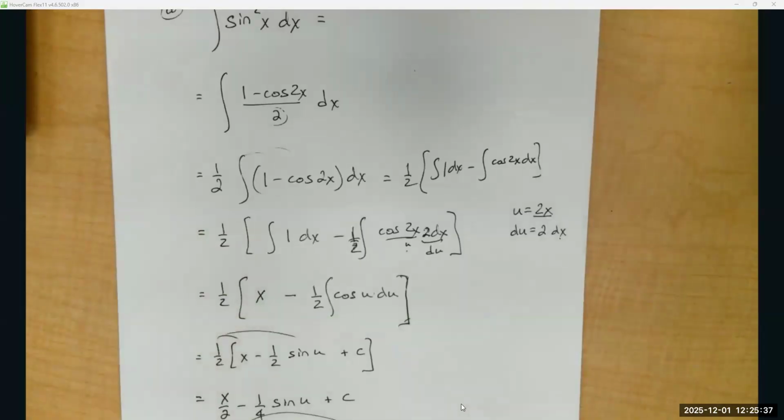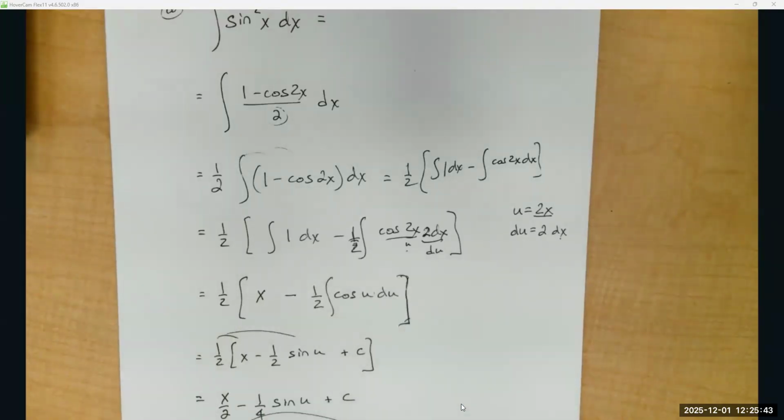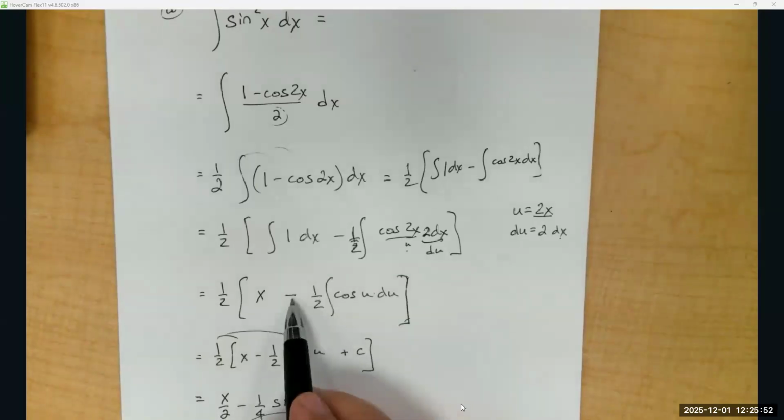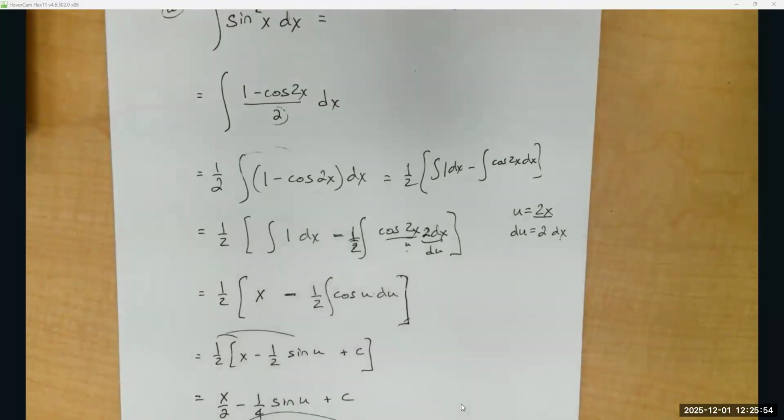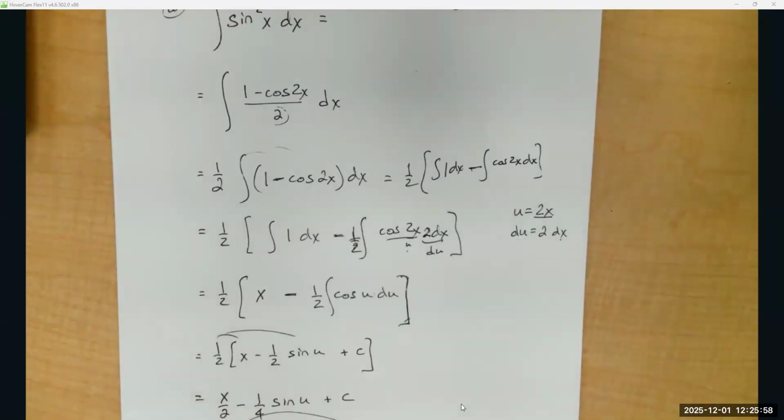That's the thing about the sum or difference rules: each of these is its own function separately. Because of that minus sign between them, it splits them into two separate functions. Treat them both independently from each other.